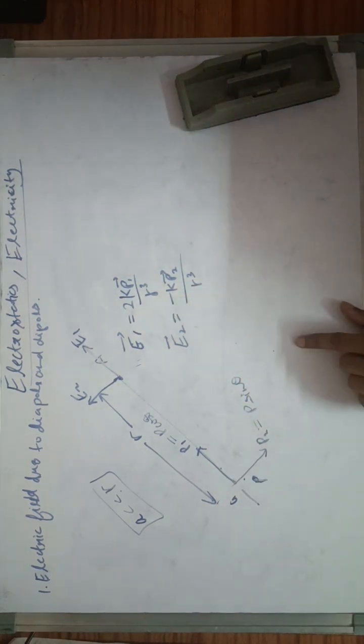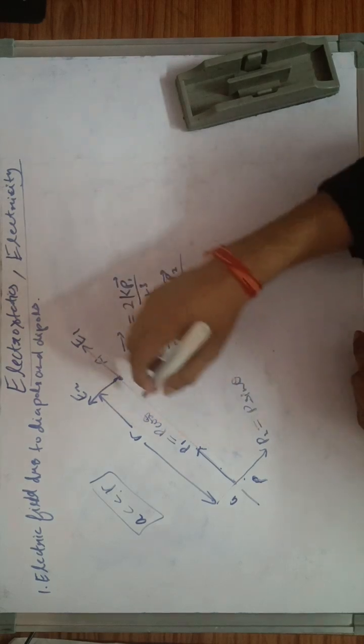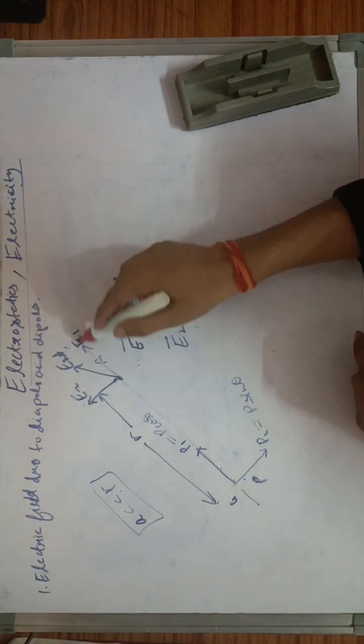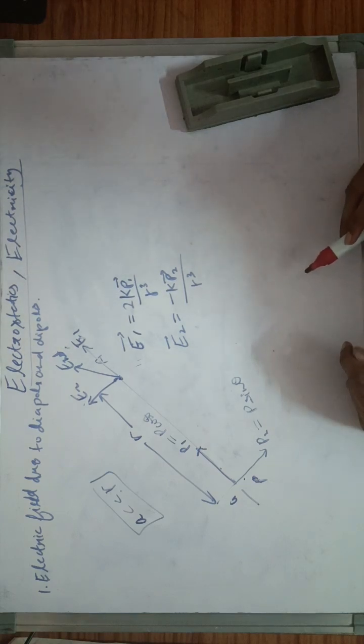These are the formulas of electric fields, and the net electric field at this point, let's say E net, would be the sum of these two electric field vectors.